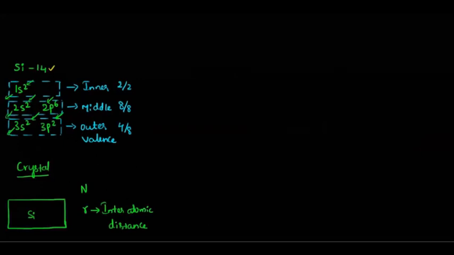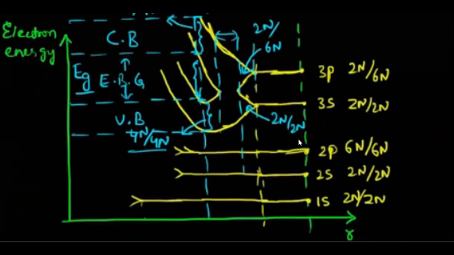So when we talk about the energy level of these four, I hope all of you remember this diagram, right? So when we talk about an isolated atom, we can see that we have 5 different energy levels, 1s, 2s, 2p, 3s, 3p, in which each electron is filled.